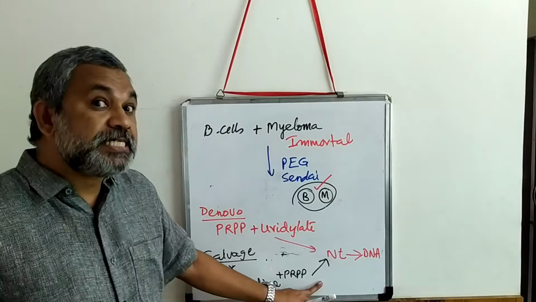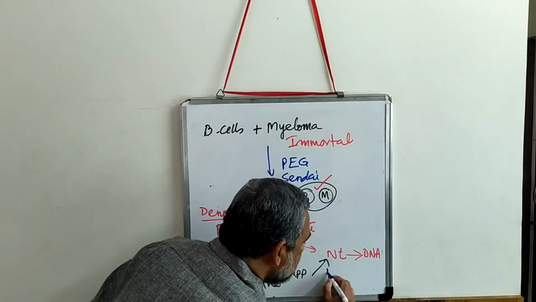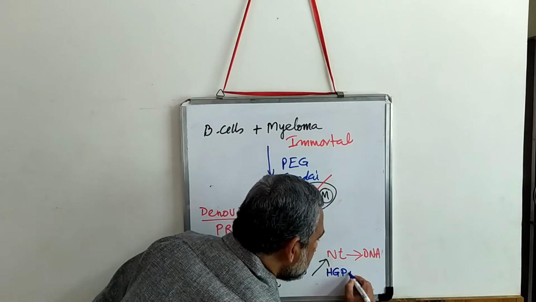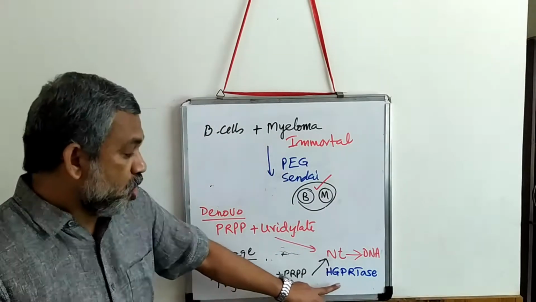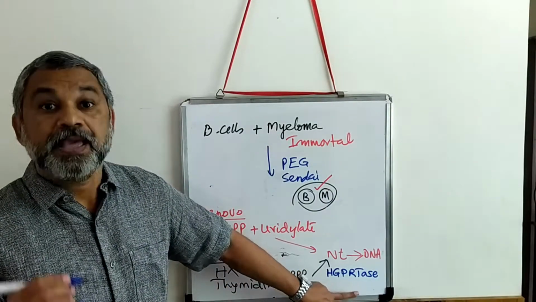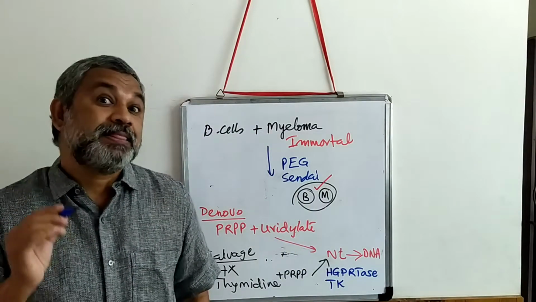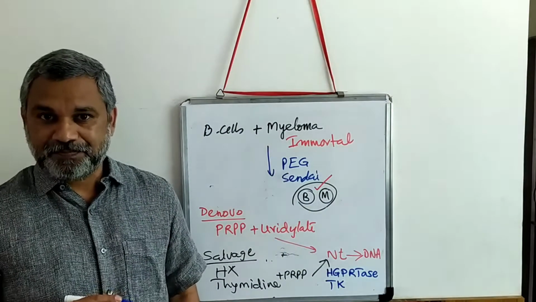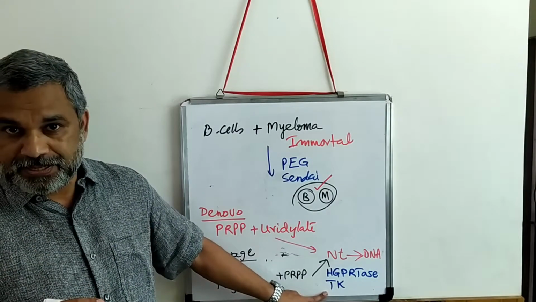Now, for synthesizing this, you need two enzymes. One enzyme is known as HGPRTase, hypoxanthine guanine phosphoribosyl transferase enzyme. Another enzyme is TK, that is thymidine kinase enzyme. Now remember, these two enzymes must be present.